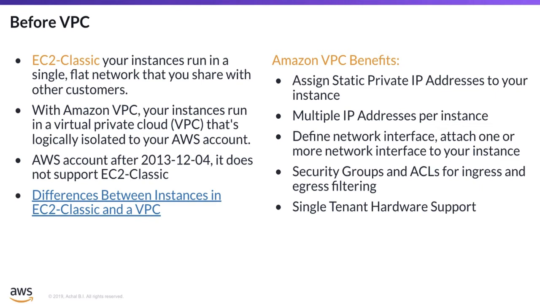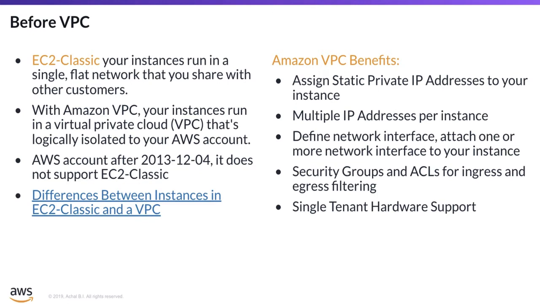Multiple IP addresses per instance can be attached now. We can have more than one private IP address attached to an instance. One can be primary, and you can attach a few more secondary IP addresses. You can define a network interface however you want and attach it to your instance.